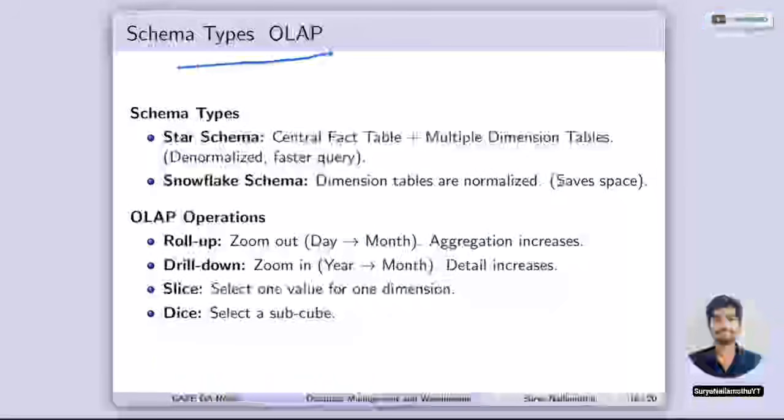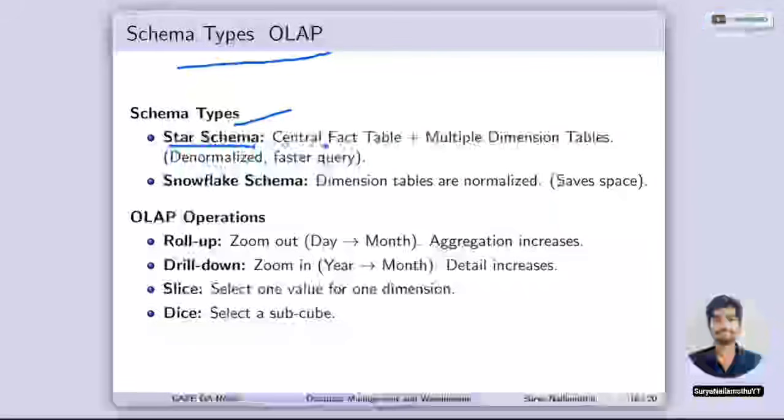Schema types, OLAP. OLAP means online analytical processing. Before entering into OLAP, let us explain the schema types. We have two types of schema. One is the star schema.